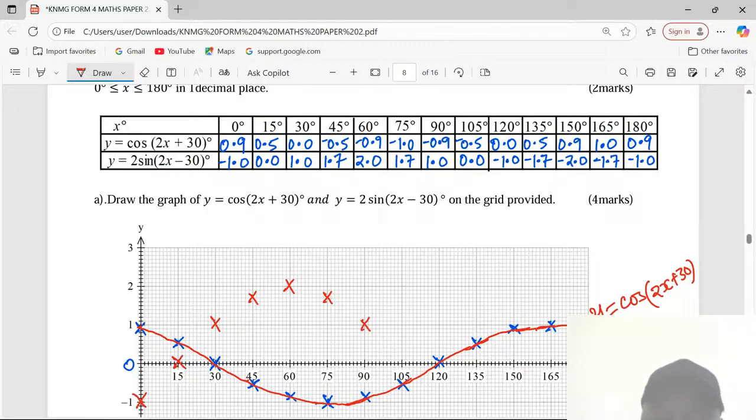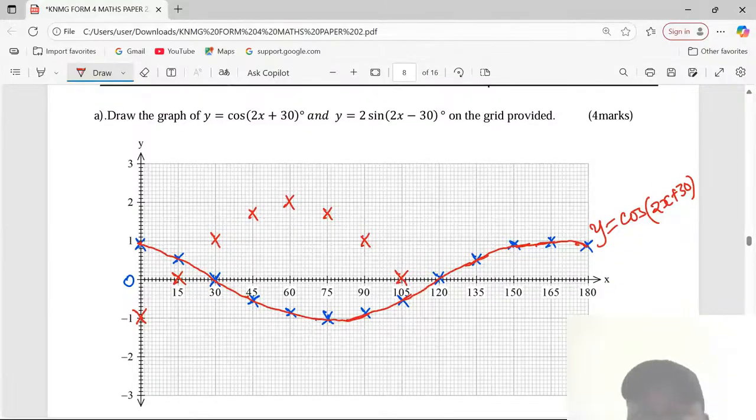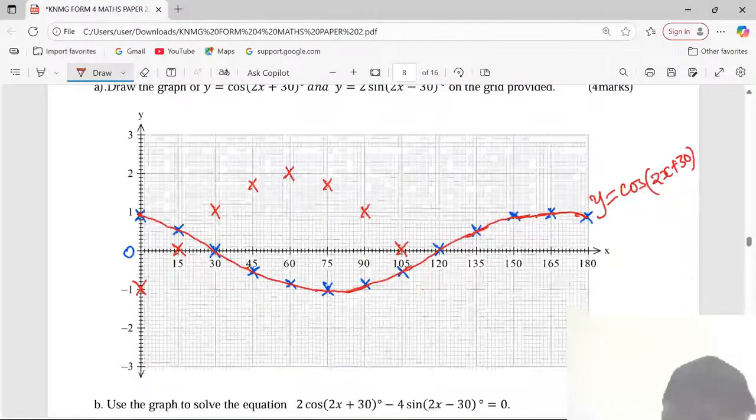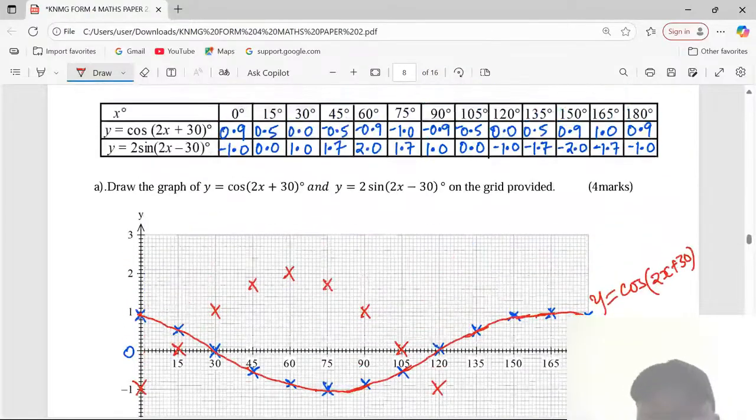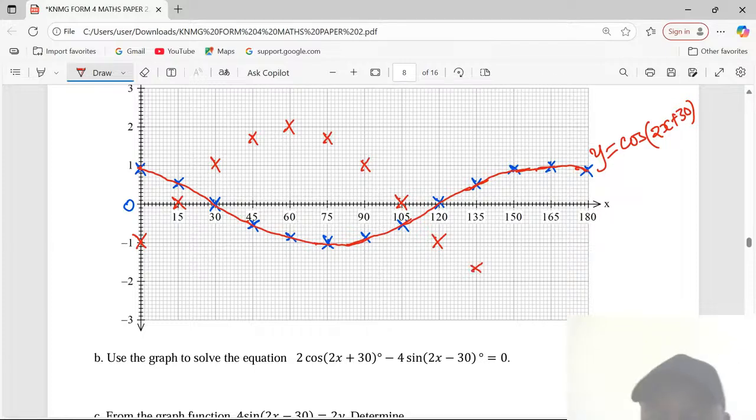105 goes with 0.0, which is there. 120 goes with negative 1, which is here. 135 goes with negative 1.7.